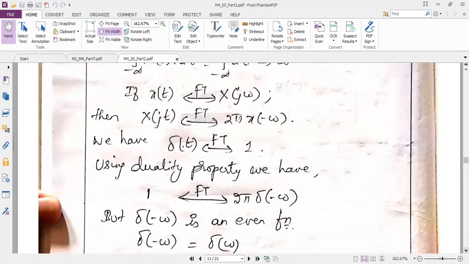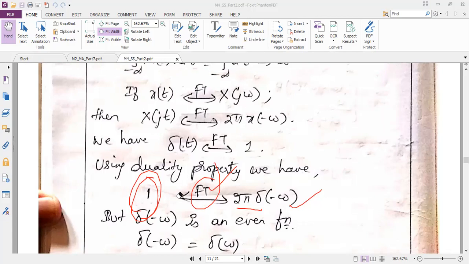The duality property says if 1 is the input, then its Fourier transform is 2 pi delta of minus omega. So now indirectly, I am taking 1 as the input. When I apply the Fourier transform, its answer is in terms of the delta function, 2 pi delta of minus omega.